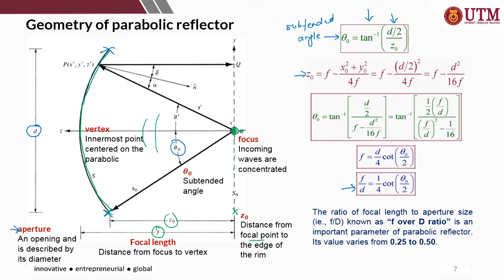So the relation between the subtended angle and the focal length is known as the F over D ratio. Usually its value is from 0.25 to 0.5. So this is the normal range of the F to D ratio.